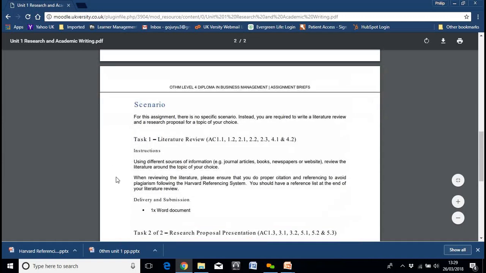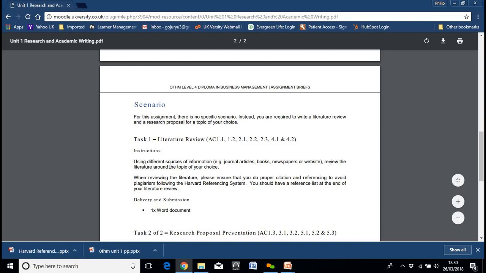Initially, what you're doing is looking at different sources of information and reviewing the literature around the topic of your choice. So you're going to do basically a literature review to say, this is my subject, this is what I'm trying to solve, this is the literature that has already been written about this subject, and why you're actually going to do that.